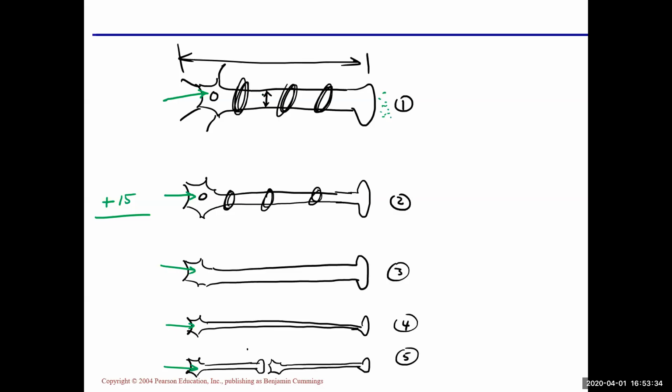Now, we don't want to just memorize it. We want to know why a larger diameter could cause the action potential to go faster. Again, because they have a larger diameter, they would have more surface area. And as a result of that, more of these sodium voltage-gated channels.